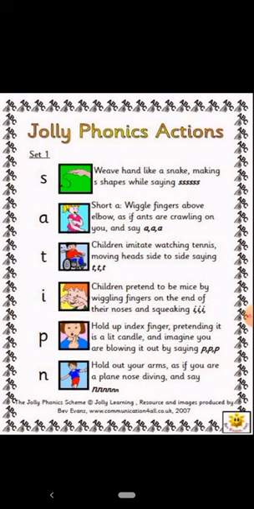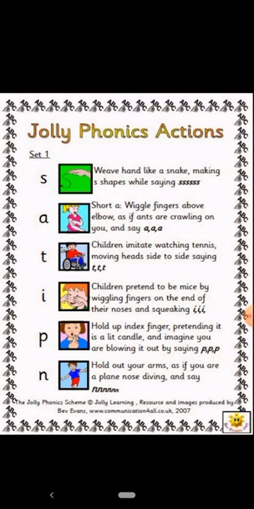Then it says wiggle your fingers. I want you to concentrate on the pictures as well as reading the words, okay? Wiggle your fingers above your elbow. You can see the girl in the picture as if ants are crawling on you, and say a.